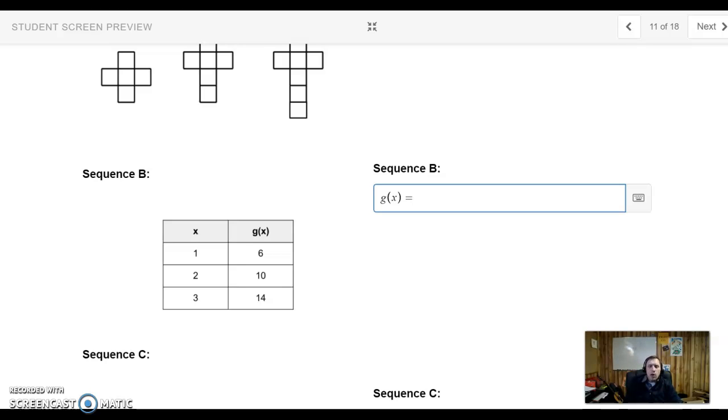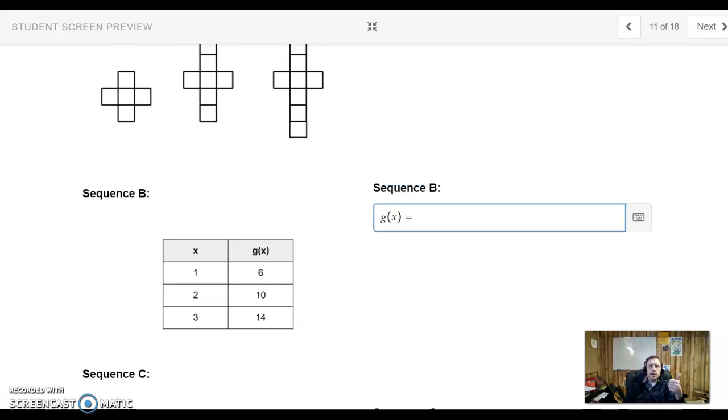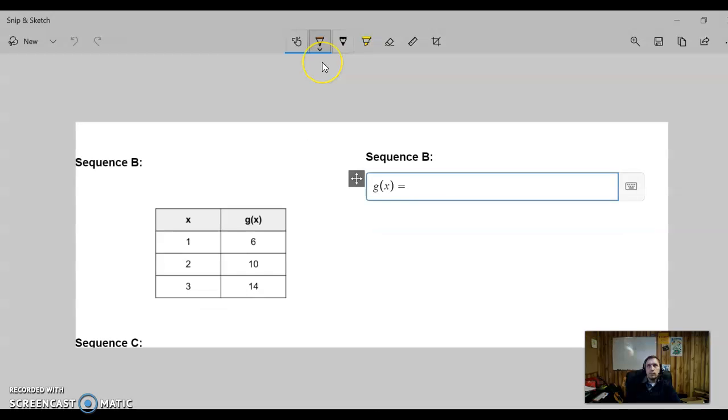So I can go backwards to find my initial value. See if you can write this equation once you find the initial value and its rate of change. All right, did you see that our rate of change is adding 4 each time? So how do you find that initial value? Just go backwards 4, and you should have an initial value of 2.